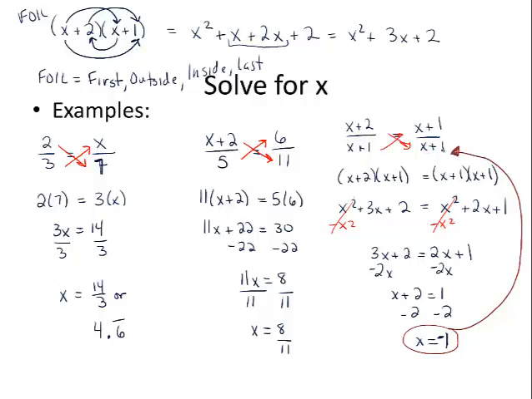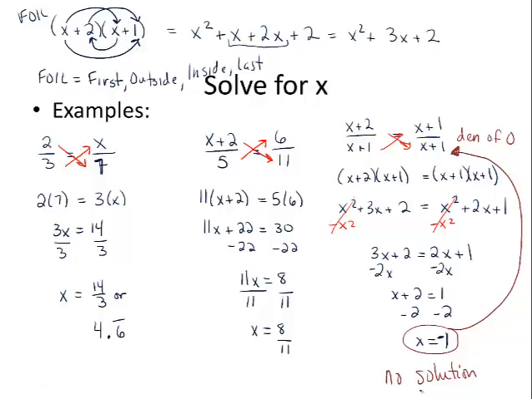I get negative 1 plus 1, which gives me a denominator of 0. So in this case, even though I did all the work and I solved it, x equals negative 1, I can't have x equals negative 1 because I can't have a denominator equal to 0. So that does, in fact, give me no solution on this one.